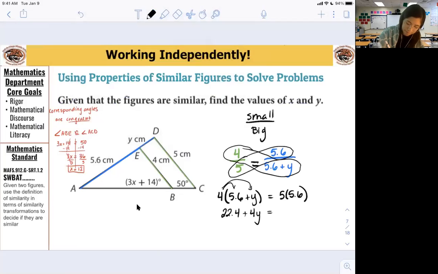Let me check. Yeah, it is. 28. Yay, quick maths. Subtract 22.4. Yeah, 5.6. Divide by 4. What do I get? I get 1.4.